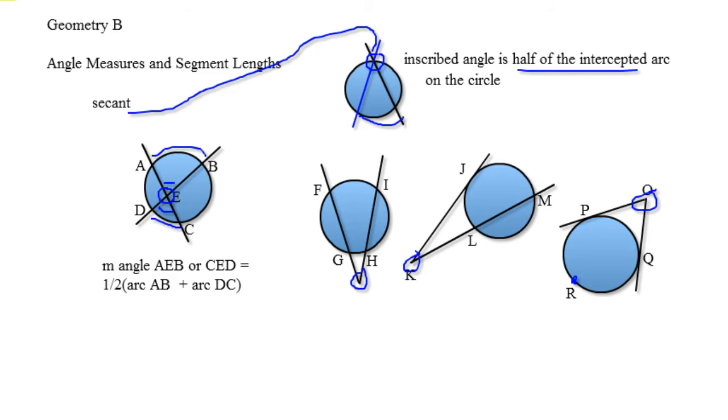What you're going to have to do is some subtraction, and the subtraction is of the intercepted arcs.